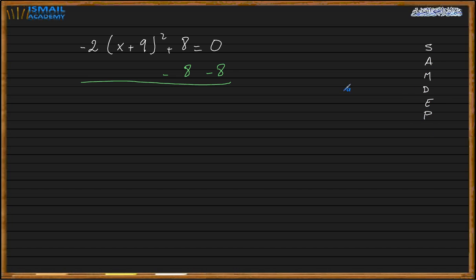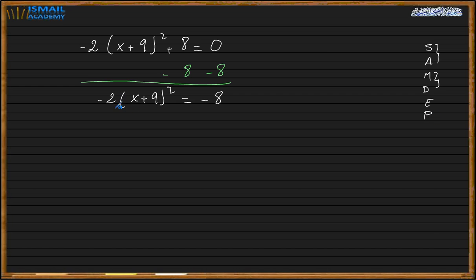And this is a good application of that. So here we have minus 2 times (x plus 9) squared equal minus 8. You see here I start with subtraction. If I have subtraction, I will add. We do one of those, then I move to exponent, then the parentheses.